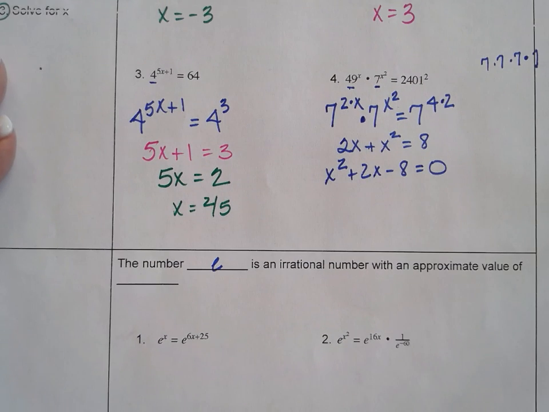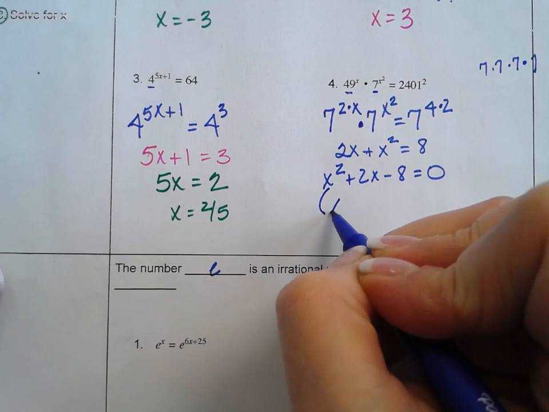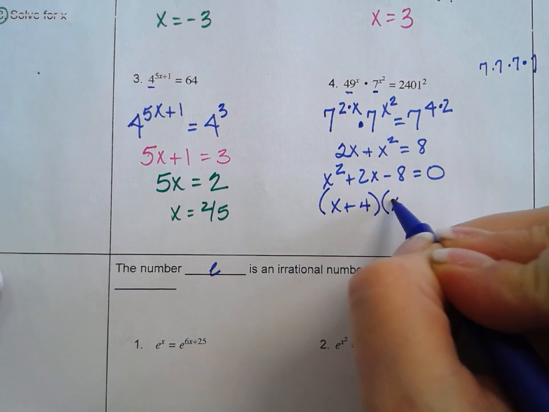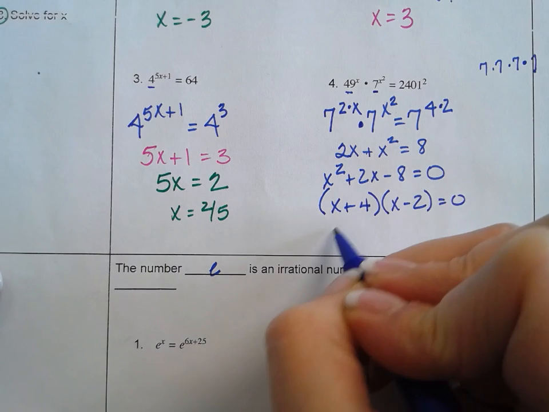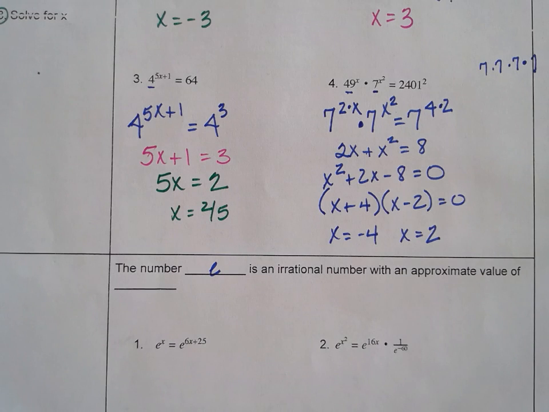And then, can I factor? Yeah. What factors of 8 are going to give you 2? Perfect. X plus 4, x minus 2. So that means x is going to be negative 4, and x is 2. Good. Is this kind of coming back a little bit?